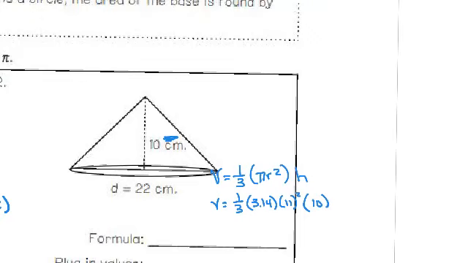First thing you want to do is do 11 squared, which we learned this year was 121. And then 3.14 times 121 times 10 equals 3,799.4. Great.